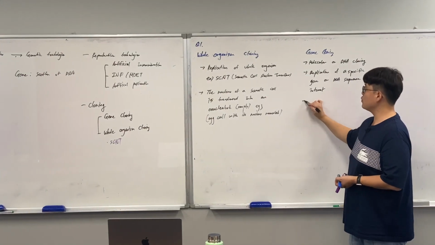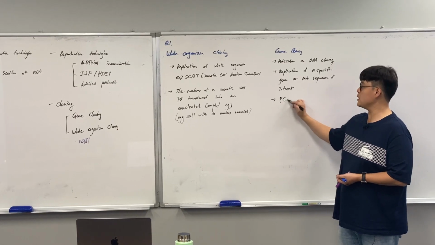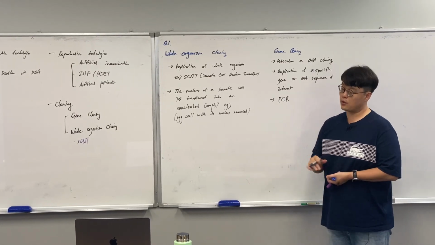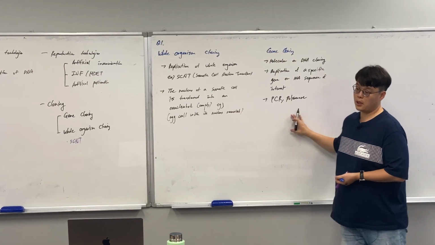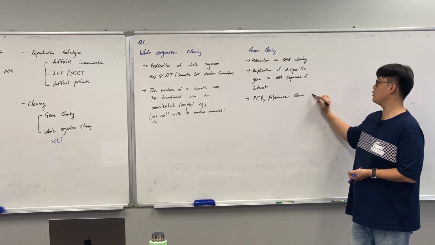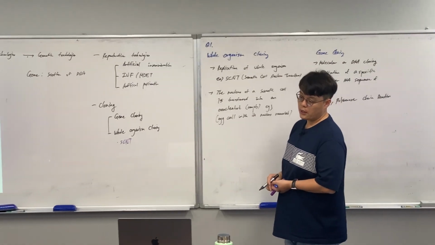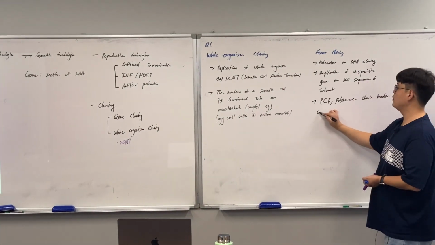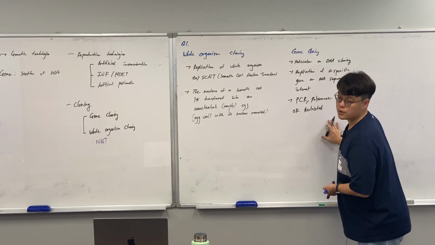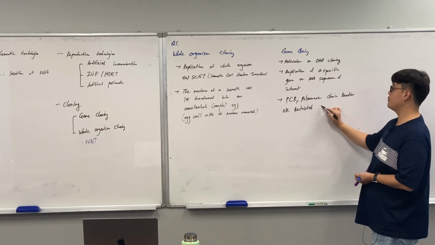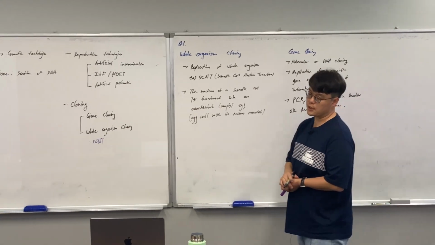Okay, so the techniques we're using for this. We commonly use PCR, which is also known as polymerase chain reaction. It's a technique that we use quite a lot, or sometimes a restriction enzyme is what we use in the cloning process.